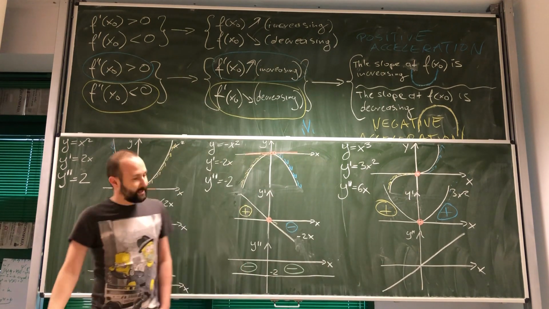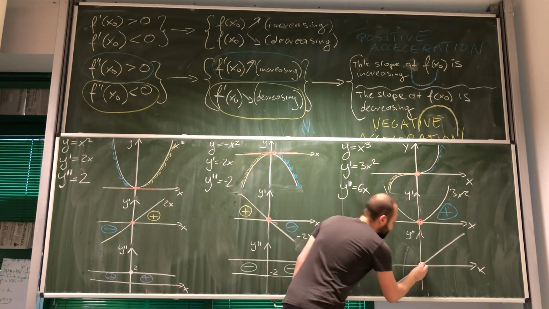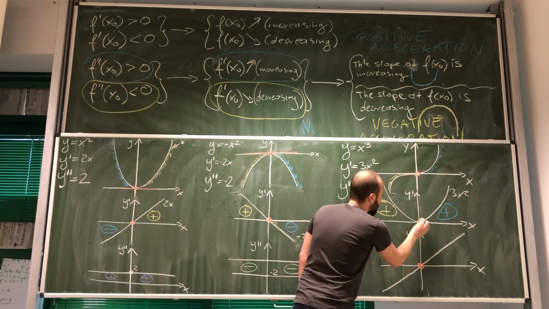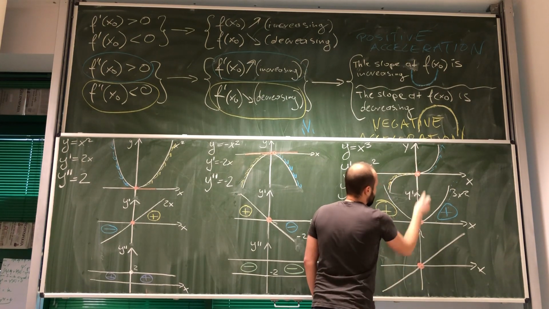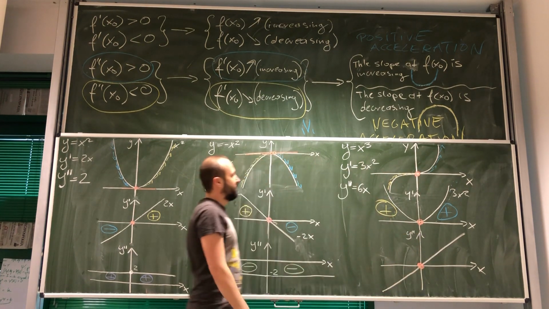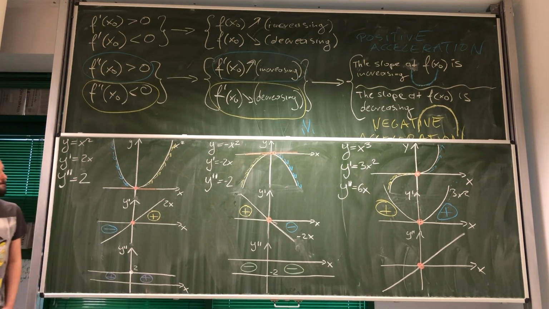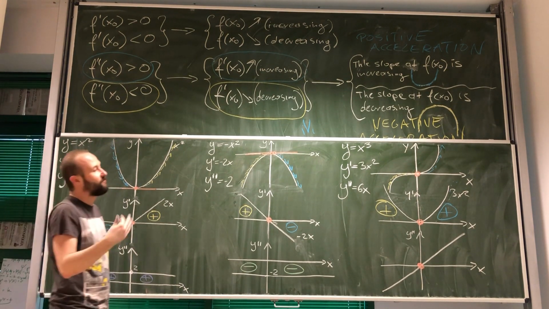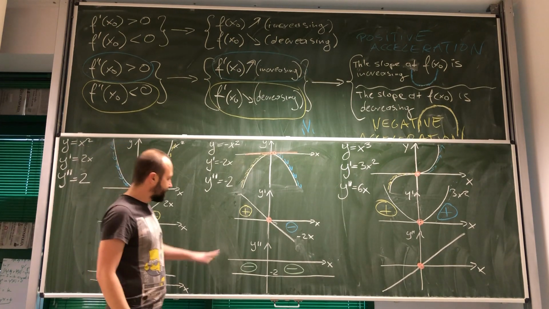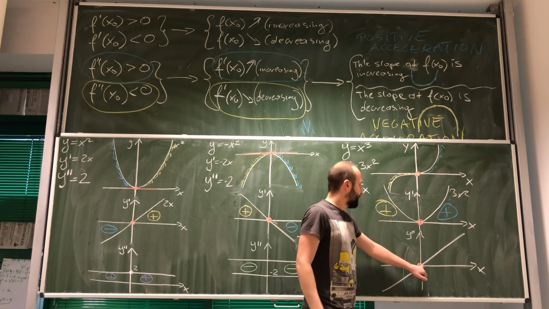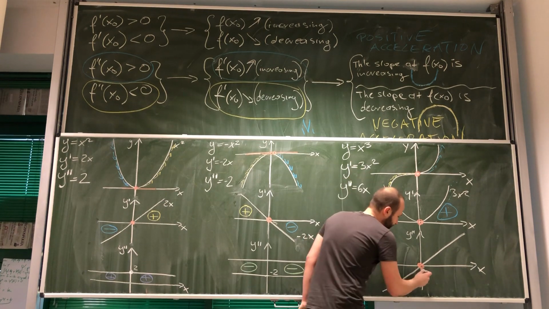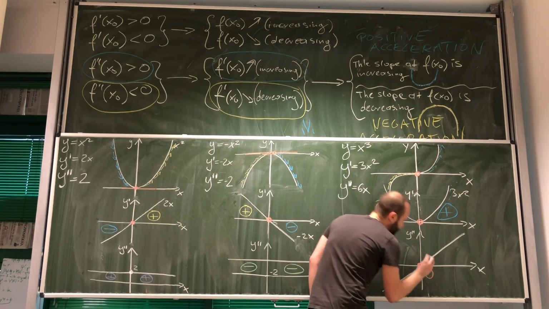And again, we now see that the second derivative at our point, where we could think that we have a maximum or minimum, is equal to exactly 0.